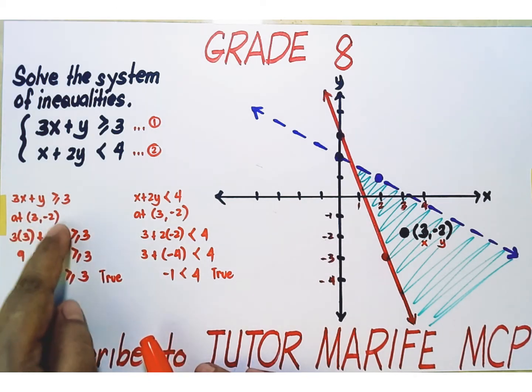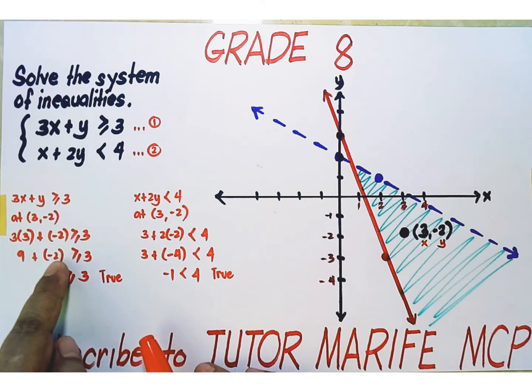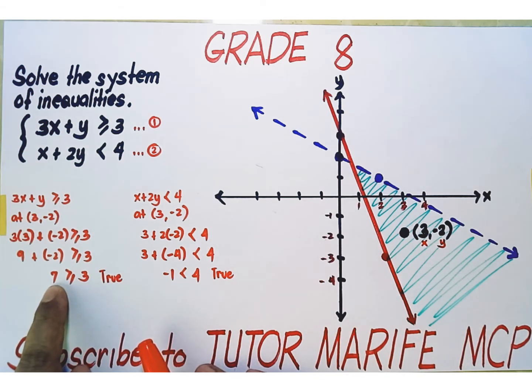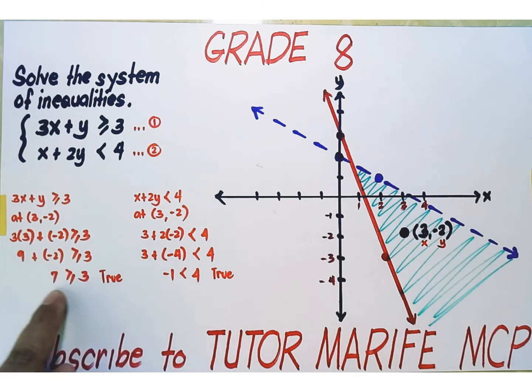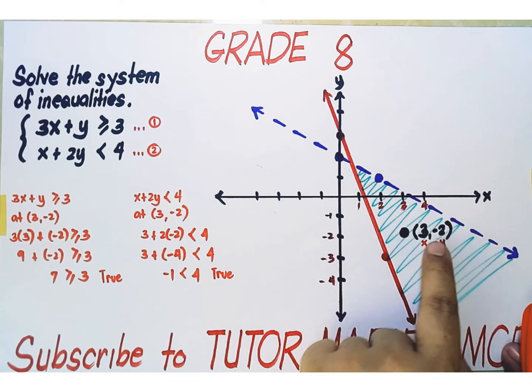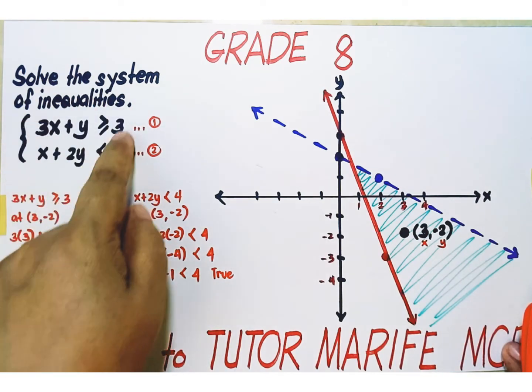Simplify the left side of the inequality. 3 times 3 is equal to 9 plus -2. Find the sum. 9 plus -2 is equal to 7. We end up with 7 is greater than or equal to 3. This is a true inequality. That means the coordinates of this point within the intersection region satisfy the first inequality in the system.